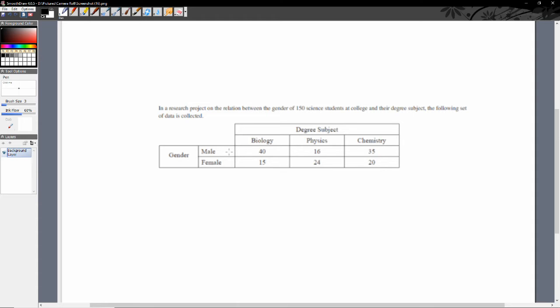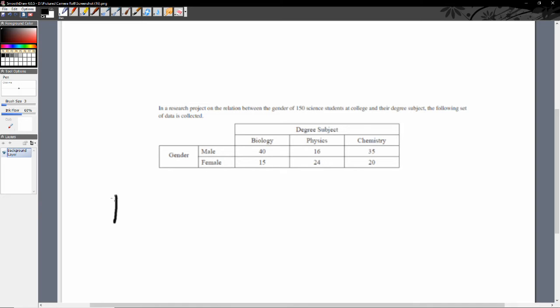One of the questions that they would ask you could be, what is the probability that a male person is studying biology? The wording of that is important. The probability that a male is studying biology. That a male implies conditional probability, that you're given male.